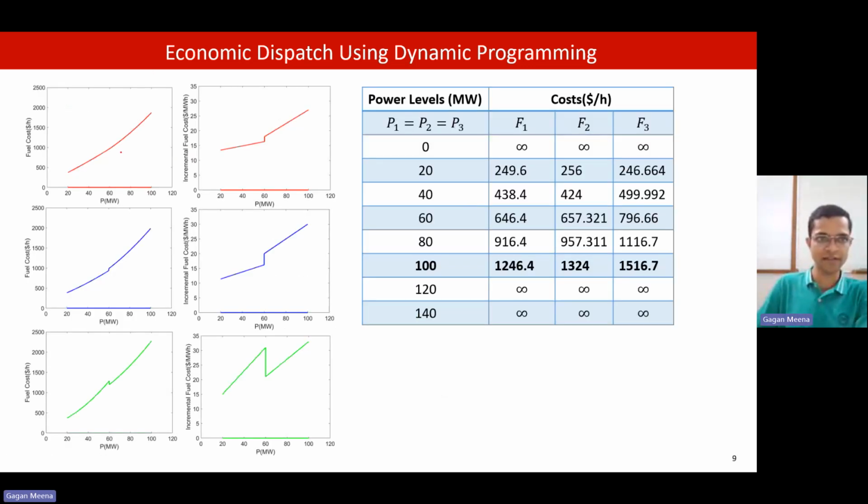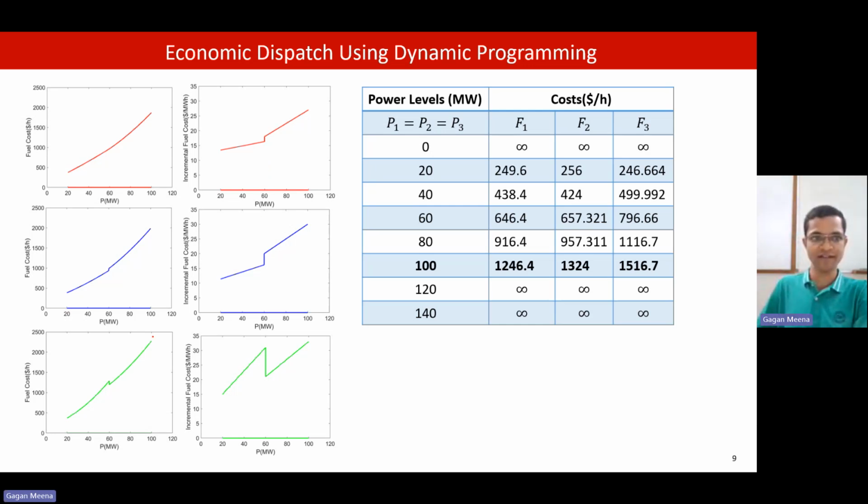For this one, up to 60 this is the slope, and after 60 this is the slope. Here you see for the same generation we have two different incremental costs. This is one of the challenges.